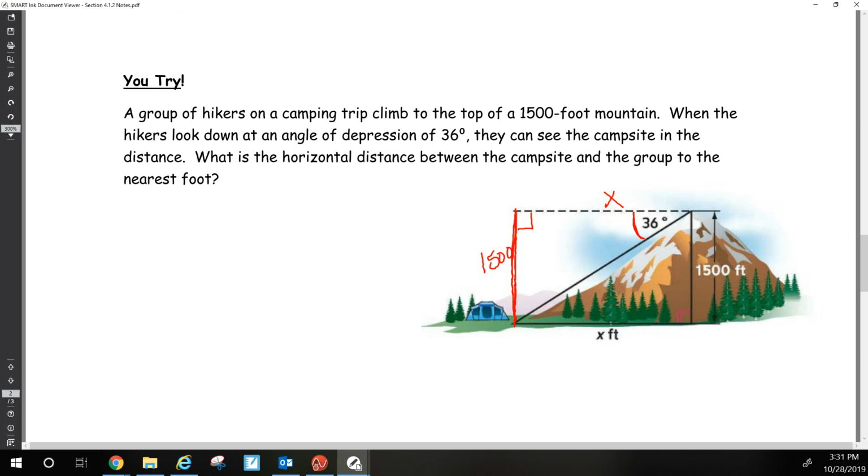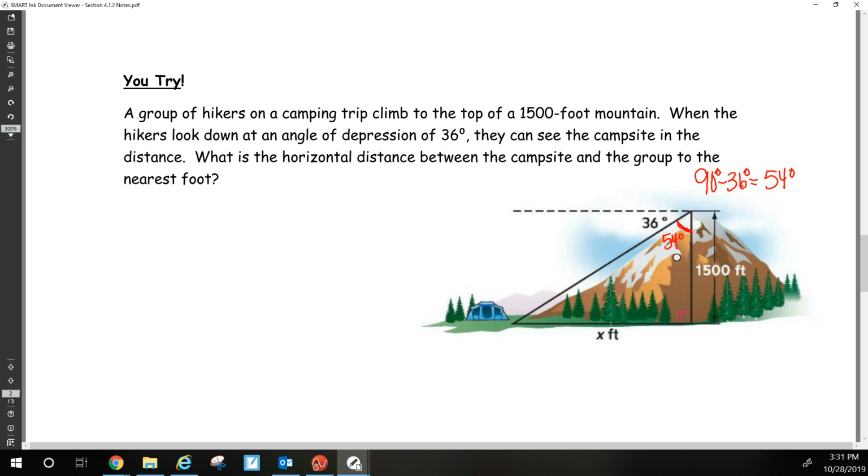Or, from geometry, we know that if this angle is 36, and this is a horizontal line, this is a vertical line, what is this angle here? 90 degrees, right? So these would be complementary angles, because they add up to 90 degrees. So for the angle I'm looking for in this inside triangle, I take 90 degrees, subtract off 36 degrees, and I get 54 degrees.